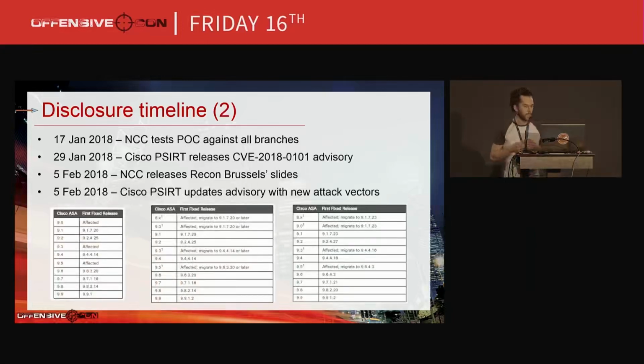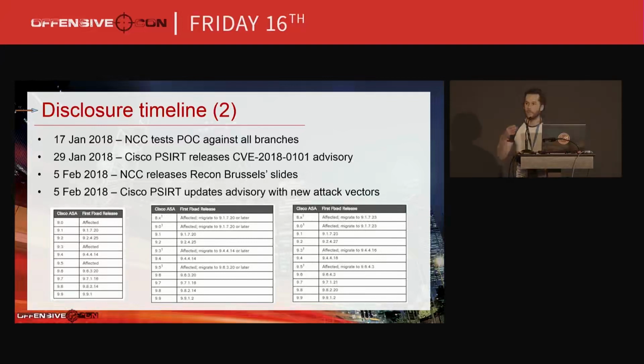So that's interesting because I have 3 tables, and the first one on the left is basically my analysis. When I realized that it was patched in early January, I checked all the versions after getting all the firmware, because the firmware is not available on the internet if you don't have a Cisco account, so that's another story. But once you have all the firmware, I tested them all and realized, okay, for example, 9.1.7.20 patched the vulnerability.